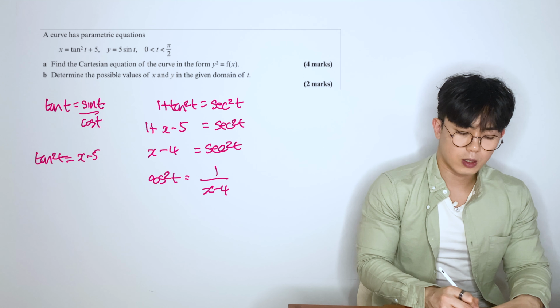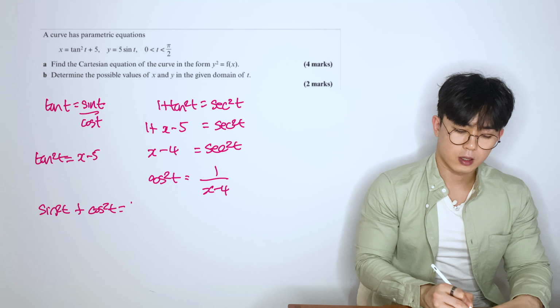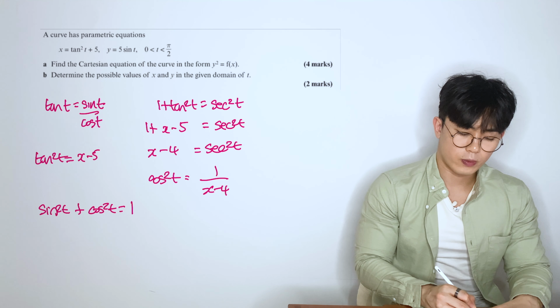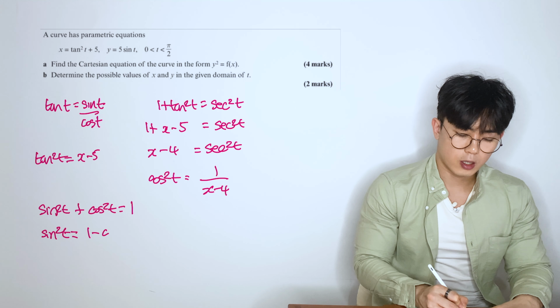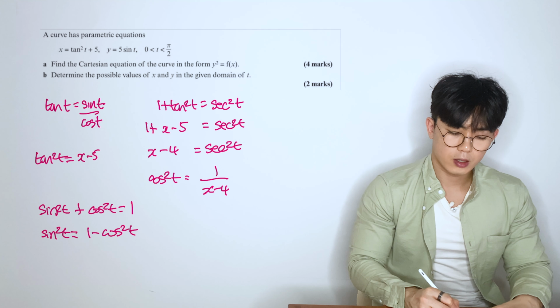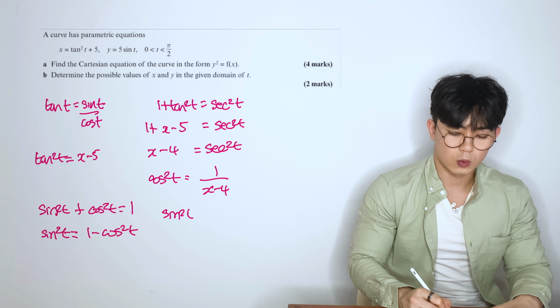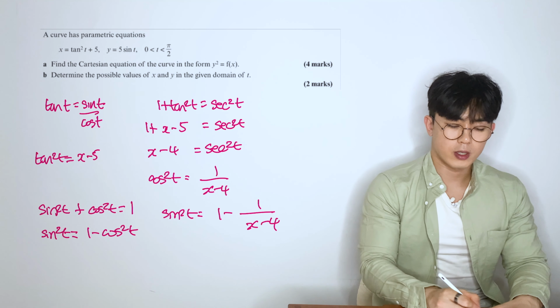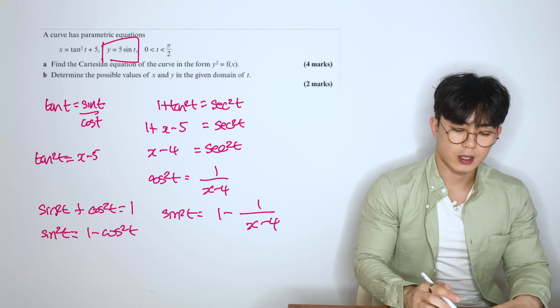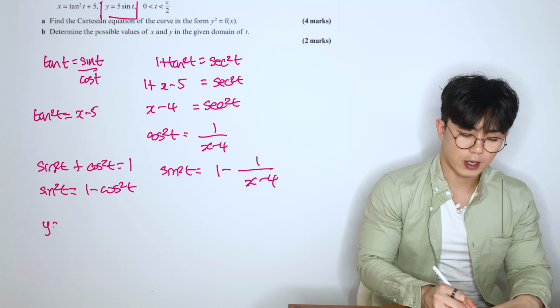So I can say that cos squared t is equal to 1 over x minus 4. And we know that sine squared t plus cos squared t is equal to 1. So sine squared t will be equal to 1 minus cos squared t. So sine squared t is equal to 1 minus 1 over x minus 4. Okay, and we can see here that y is 5 sine t.